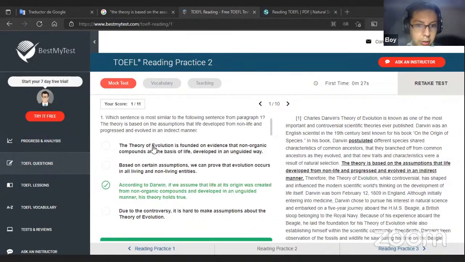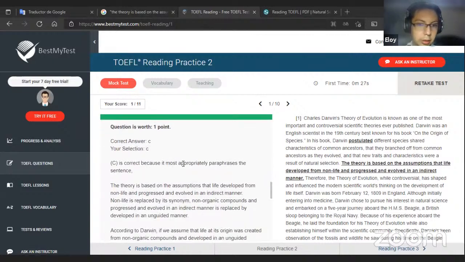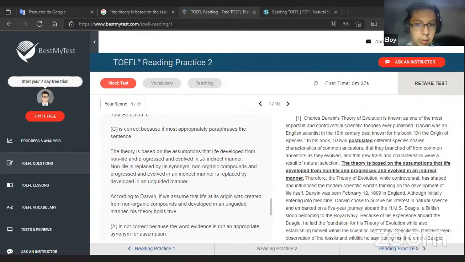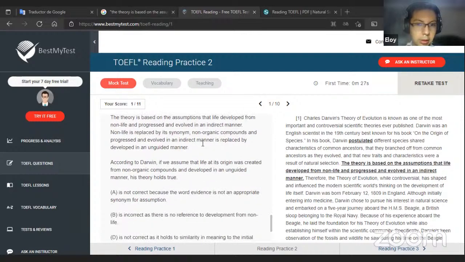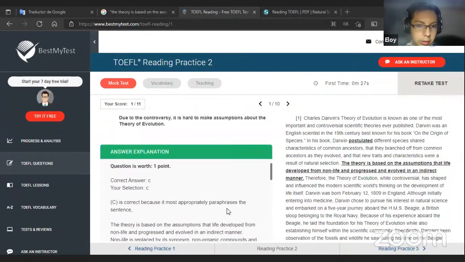"Which sentence the true revolution is founded," etc. And I put C, and it's correct. Then it explains that C is correct because of the theory's assumption that non-organics. Then they say A is not correct because the word evidence is not appropriate, and the others also.